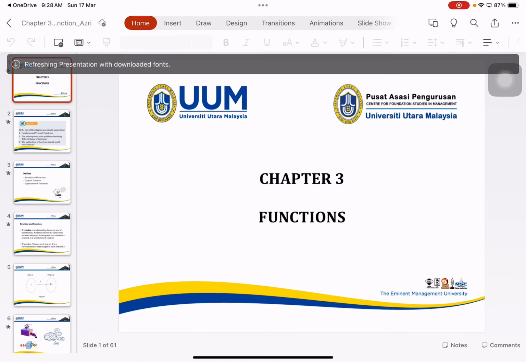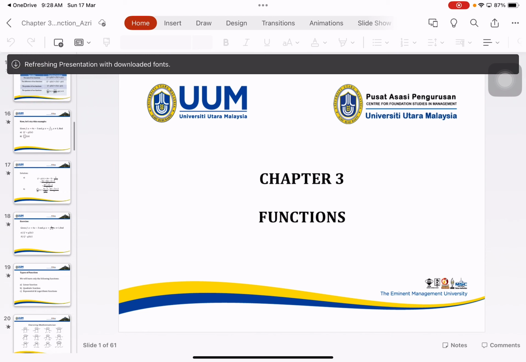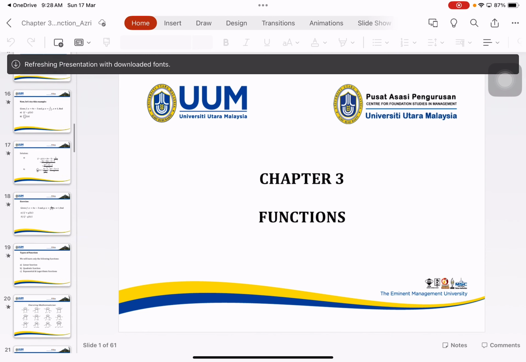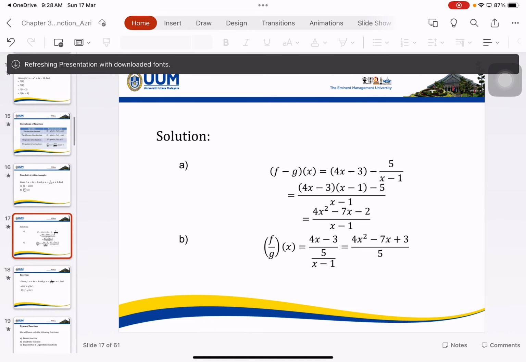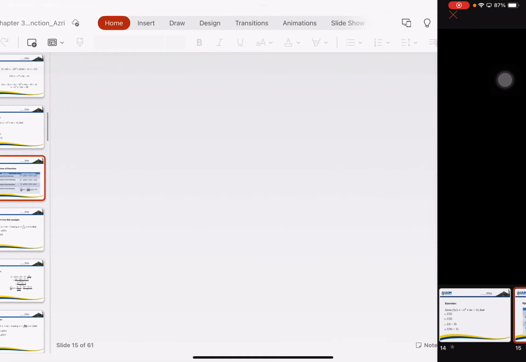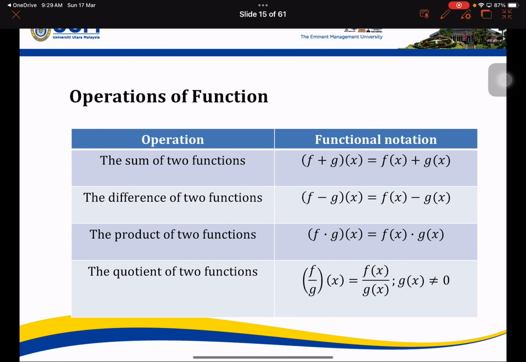Listen carefully guys. This one, the final answer, right? f(x) equals to minus x squared plus 12x minus 38.